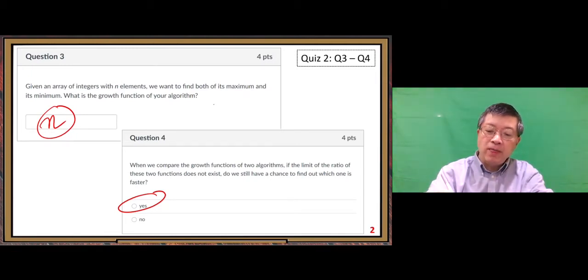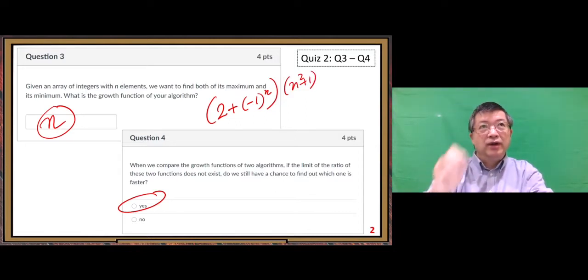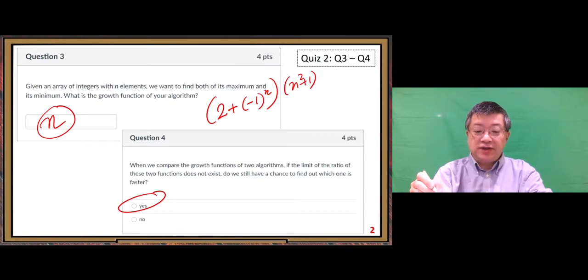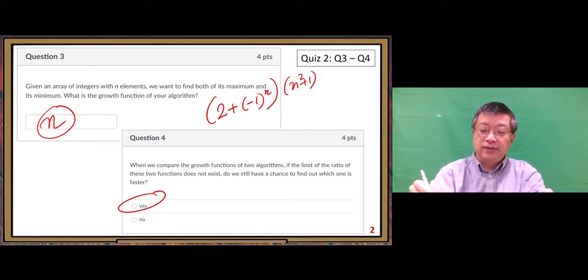For example, it may not be exactly this, but similar. One function is n squared plus 1.